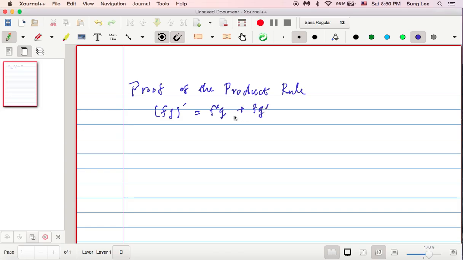So here, (f times g) prime, by definition, is the limit as h goes to 0 of fg of x plus h minus fg of x over h, right?